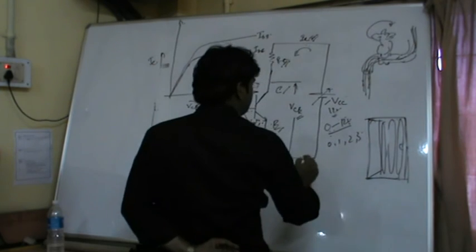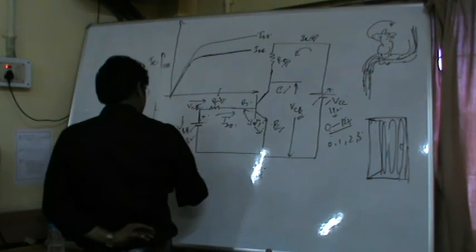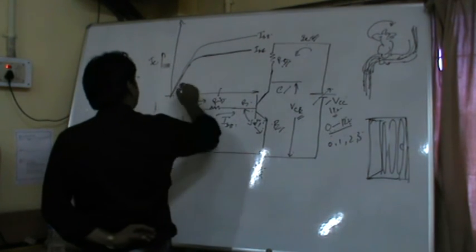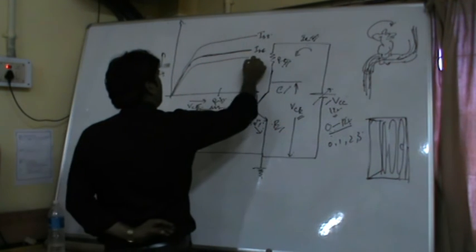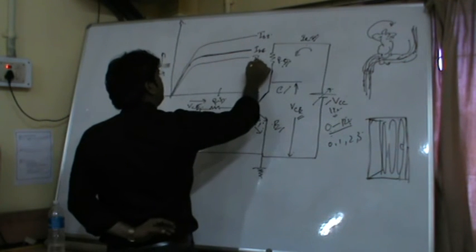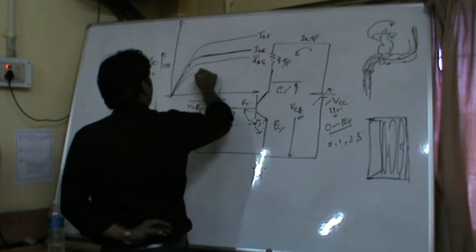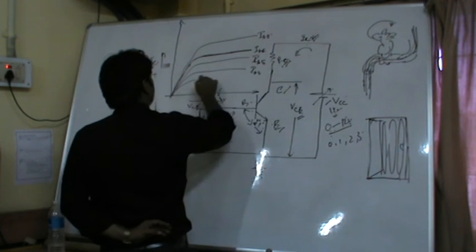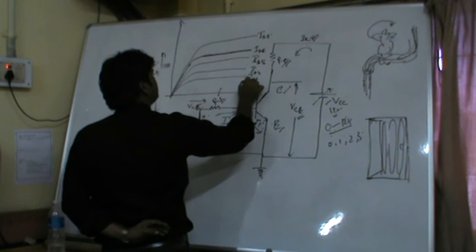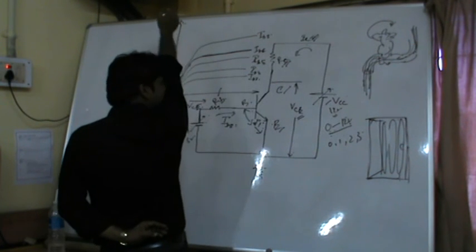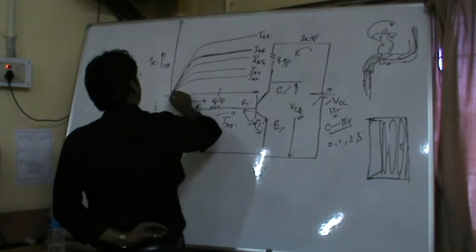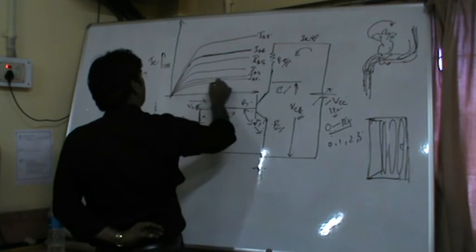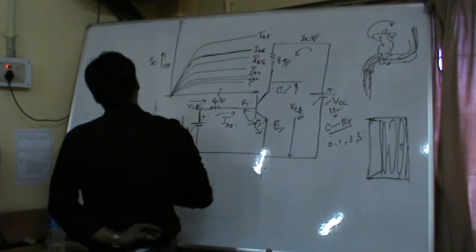The same thing happens for IB5, IB4, IB3, IB2, IB1, like that.